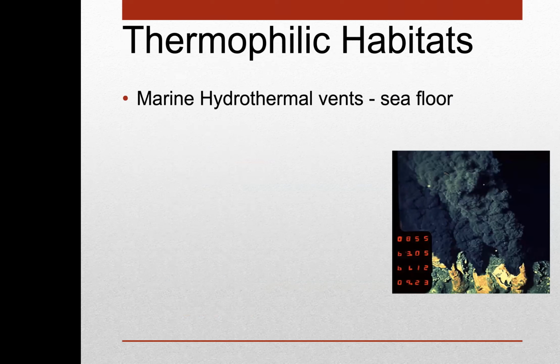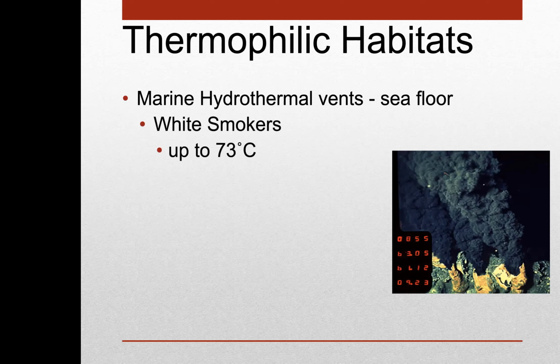And so these can go upwards of 300 degrees Celsius. At lower temperatures, like upwards of 73 degrees C, you would see different chemistries. And so they would be called white smokers because oftentimes the fluids venting from those hydrothermal vents looks white. Now, 73 degrees is still very hot, right?